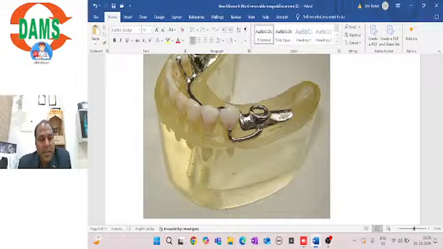So there is mesial rest, distal proximal plate and I bar clasp. There is also RPA. If mesial rest and distal proximal plate are there, and in spite of a bar clasp there is a circumferential clasp, then it is an RPA concept, right?